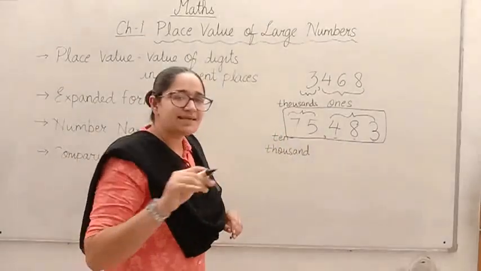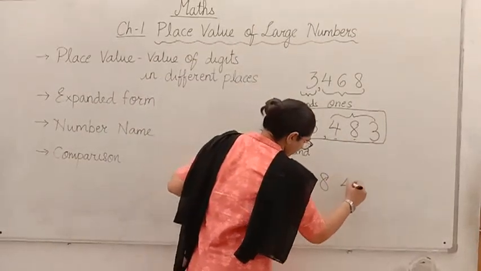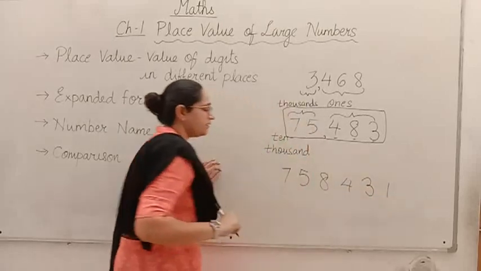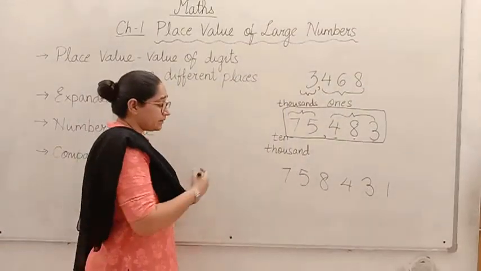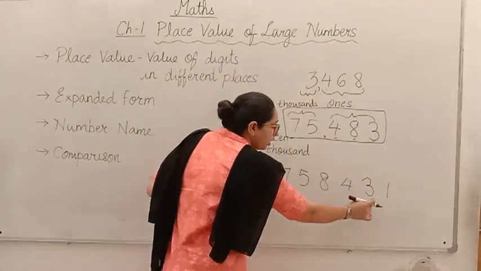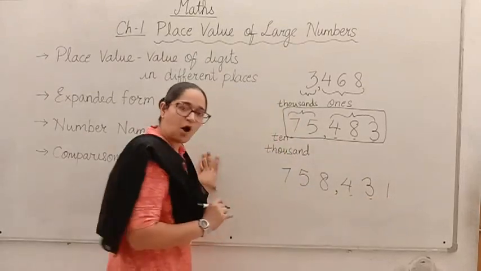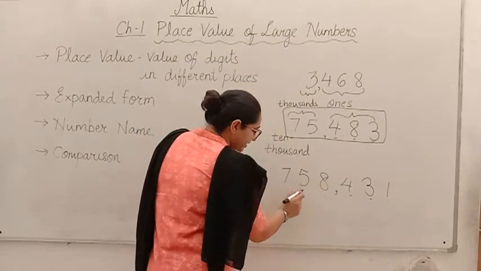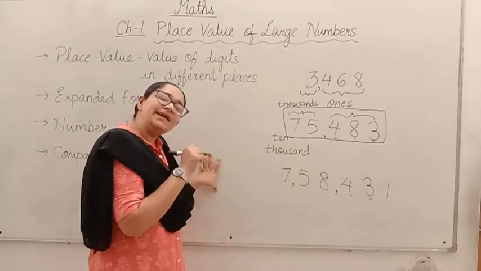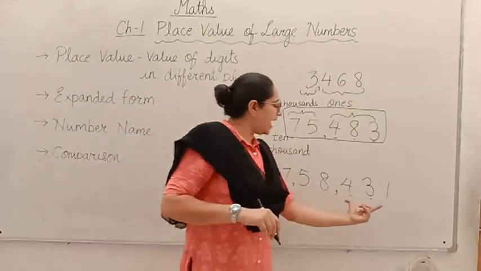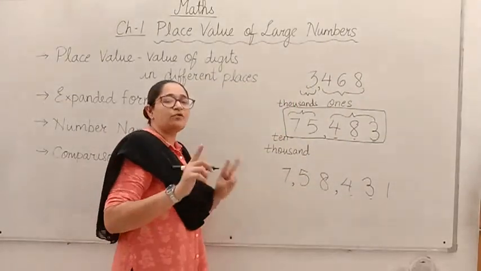If I take a 6-digit number now, okay, the groups after the first 3 digits have only 2 digits.